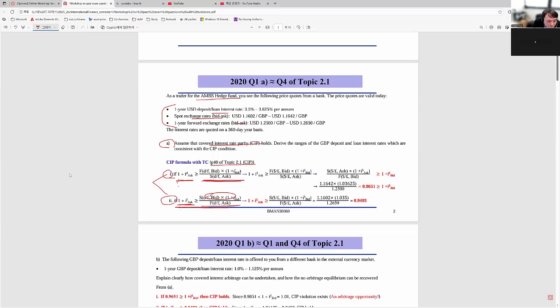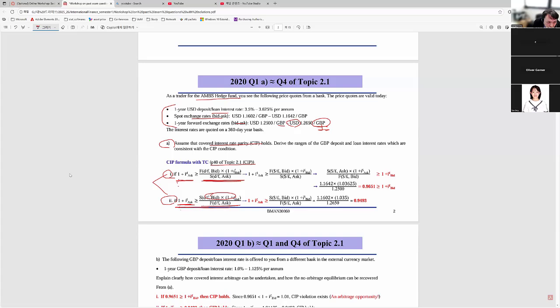Now you have to apply this formula to these questions. If you look at these questions, the pound is always in the denominator. So F is in the denominator in this formula. So obviously, instead of F, you can use pound, and instead of D, you can use dollar.